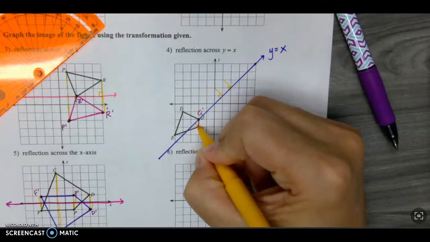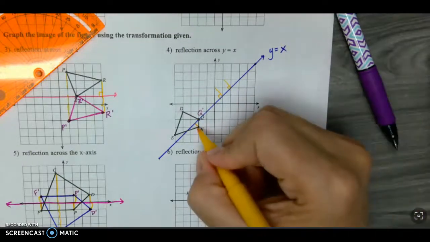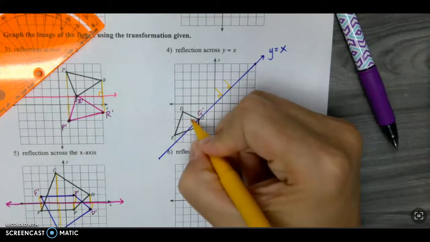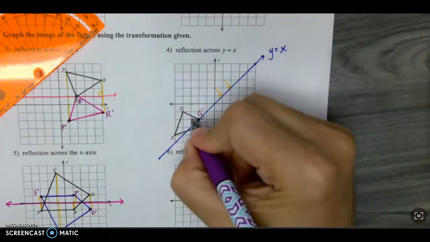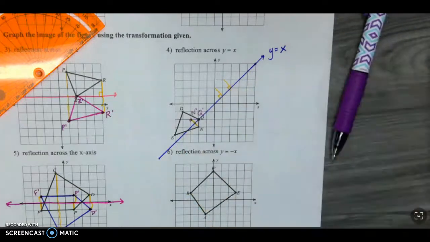So if I move across the diagonal, it's only half a box away. It's half a box away from the line. And so to find its image, I have to count half a box away on the other side. And so this is my N prime. Okay? You can just kind of watch this one and then go back and copy the notes later.